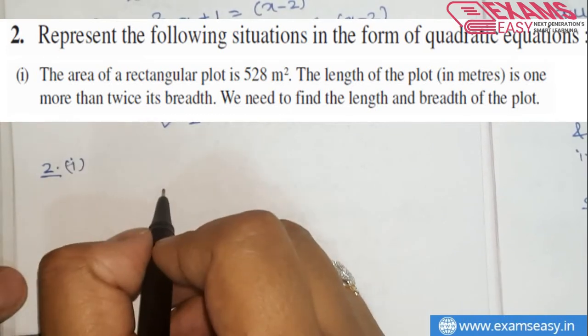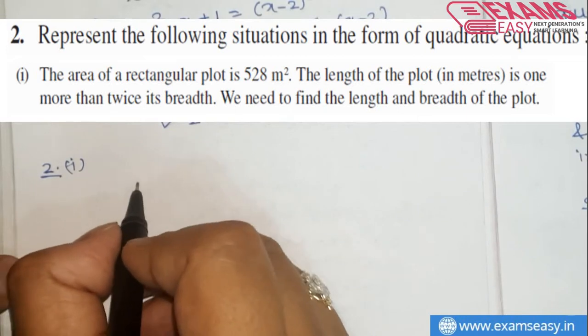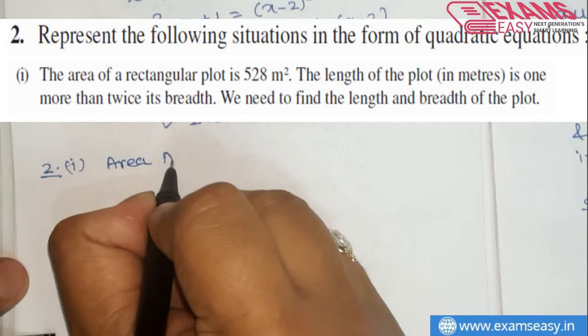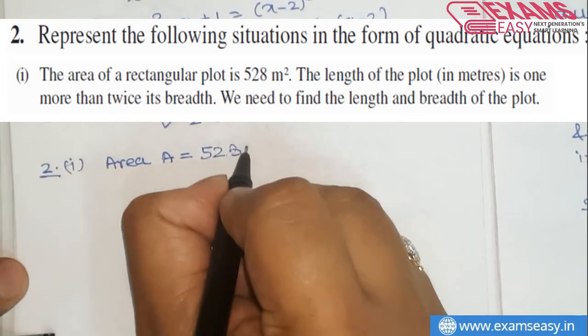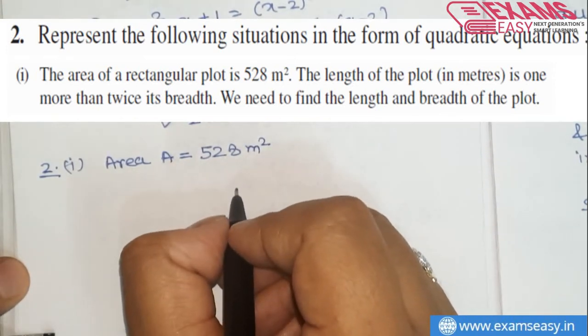So the question says that the area of a rectangular plot is 528 meters square. So the area of a plot is denoted by capital A, which is equal to 528 meters square, as given. The length of the plot is one more than twice its breadth.